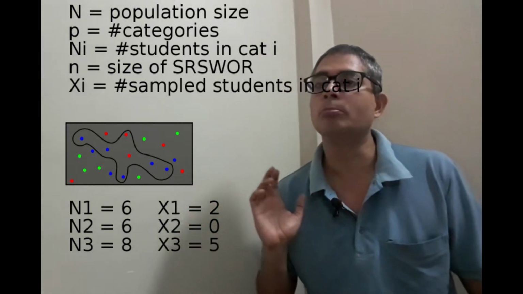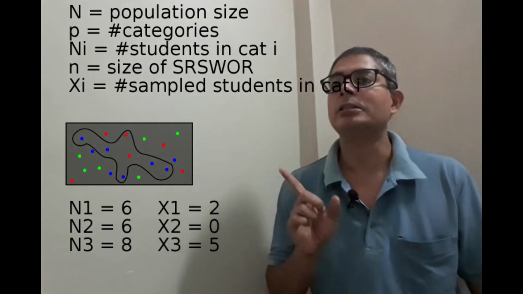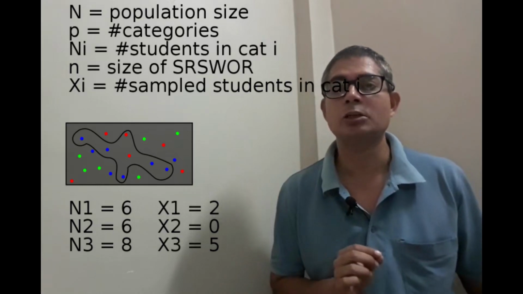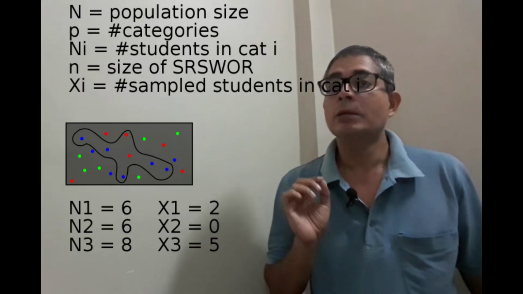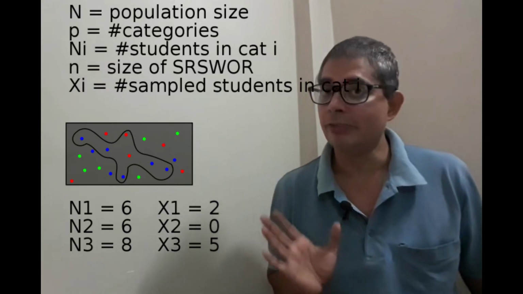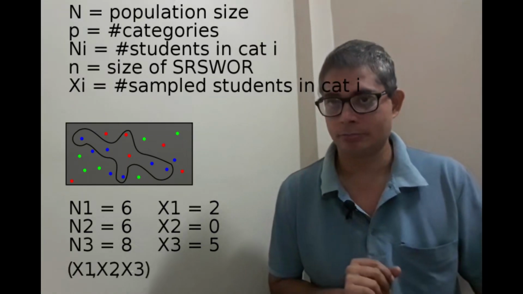The number of blue points is equal to 5. Remember that these numbers must add up to the sample size, which is n. Remember that the x_i's are actually 3 random variables. We may pack them into a random vector.